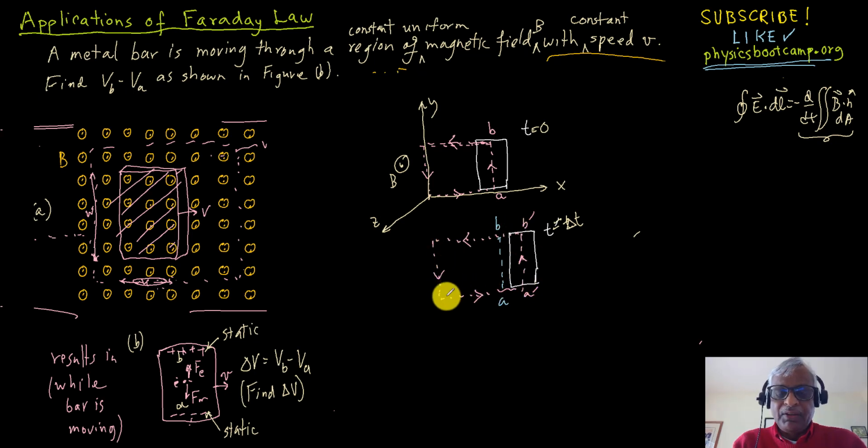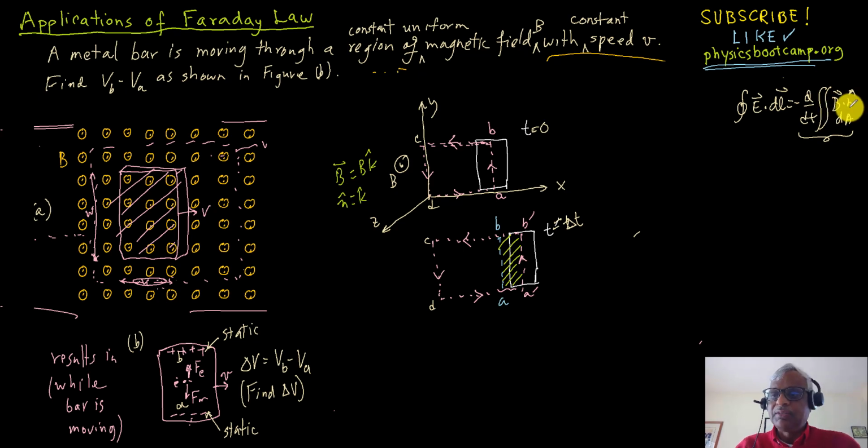So after delta t, this is the loop A prime, and we can call these corners C and D here. The change corresponds to that area, and B is B times k hat, and because of the way I drew the loop, n hat is coming out, n hat is k hat.